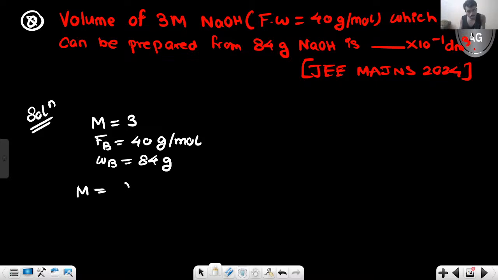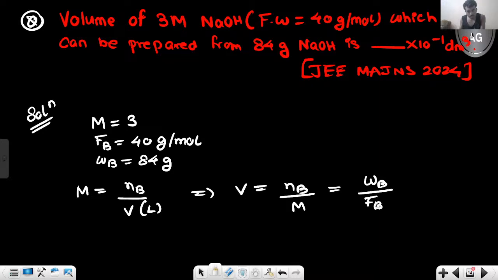So it is going to be basically nB by volume in liters, right? So volume will be equal to nB divided by molarity. And nB equals WB by FB. So given weight is 84, molar mass is 40, and molarity is 3. Cutting by 3, it will be 28 over 40, so it's going to be basically 7.